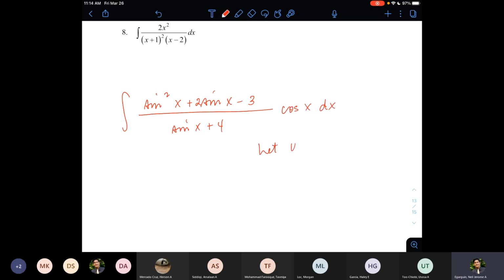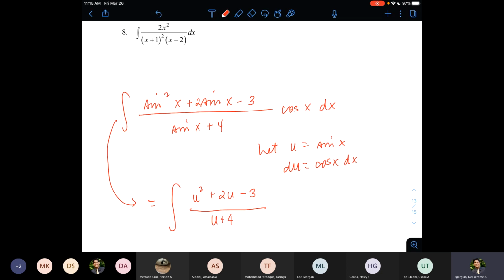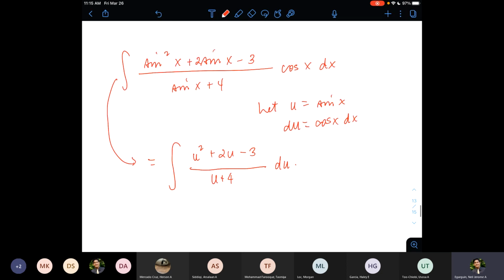If you let u be equal to sine x, then du would be cosine x dx. So this expression can be turned into u squared plus 2u minus 3 all over u plus 4 du, which is now a polynomial over polynomial.